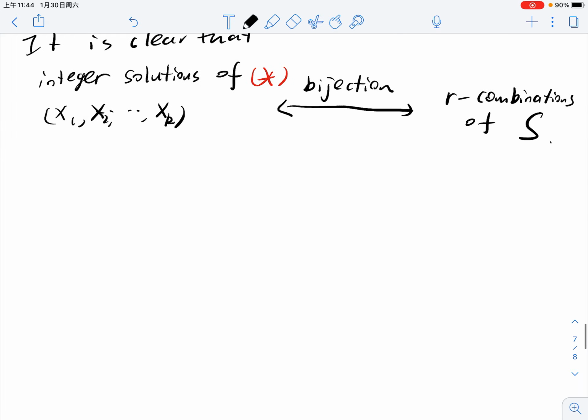That means the real problem we can forget about. It's not anymore a k-combination problem.